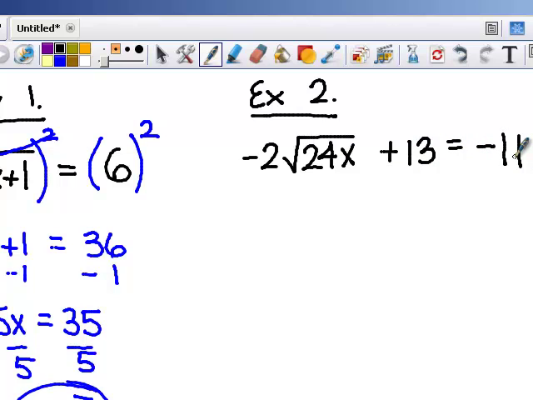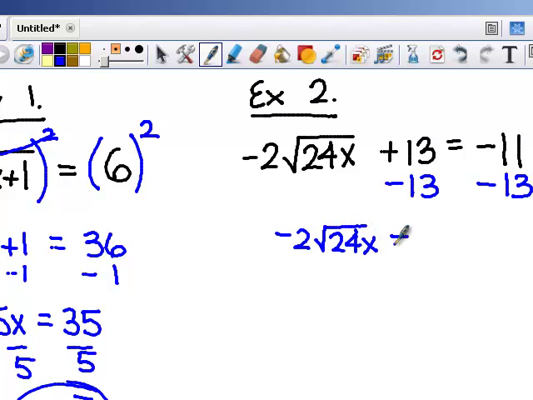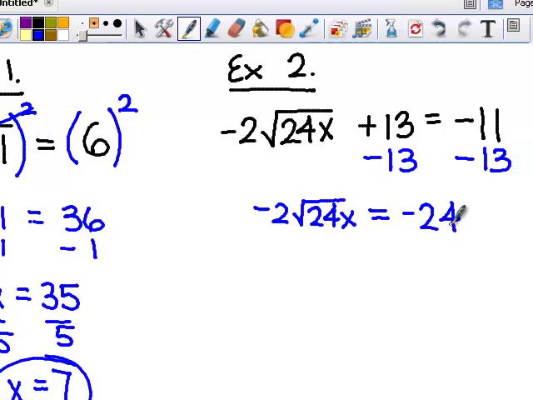Before we go through and square everything, we want to get rid of everything away from the radical. So let's subtract the 13 and now let's divide by 2.